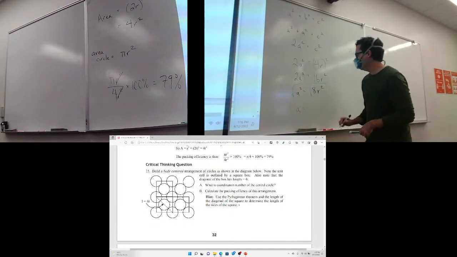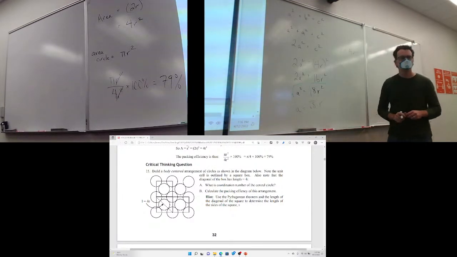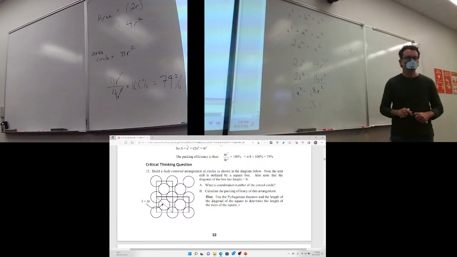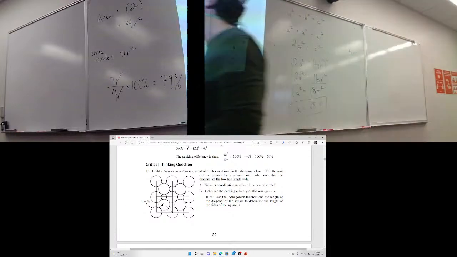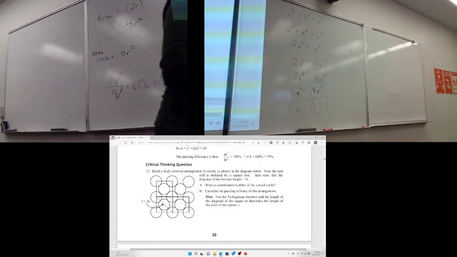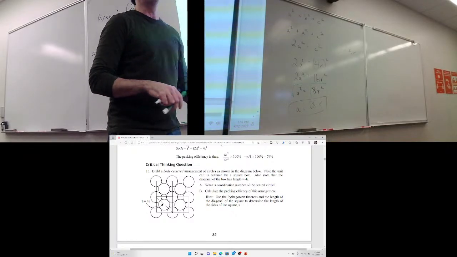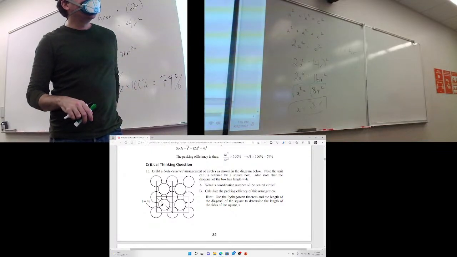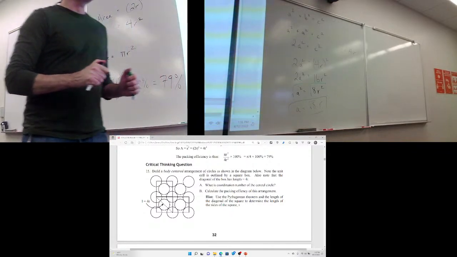I get a is equal to the square root of 8 times plain old r, since the square root of r squared is just r. So I just calculated the length of one side of a unit cell in terms of the radius of the atoms. It's radical 8 times r. Radical 8 is about, what is that? 2.7, something like that, right? Anyway.